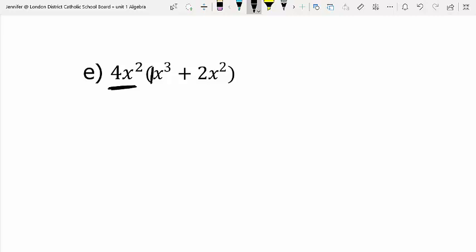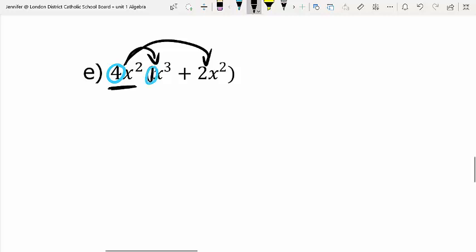Remember, this guy has a 1 here. So we need to multiply the 4x squared by the 1x cubed, and we need to multiply the 4x squared by the 2x squared. So let's start with the first set. 4x squared times 1x cubed. So multiply the number parts together first.